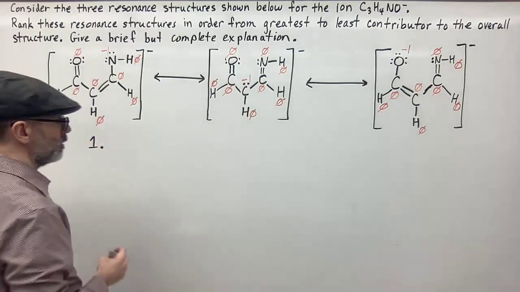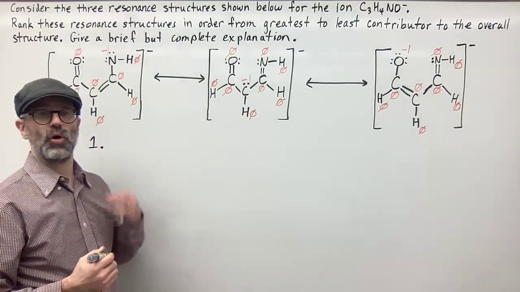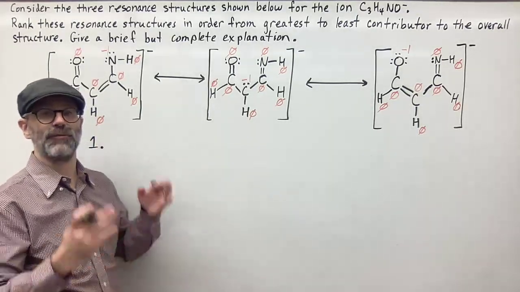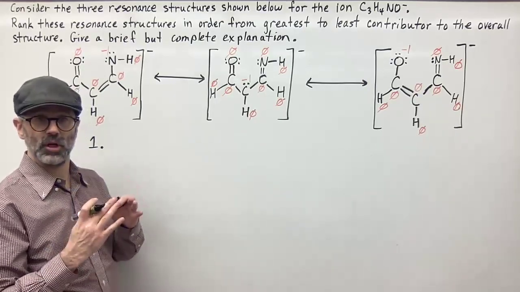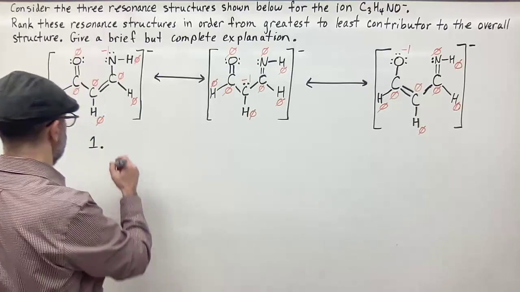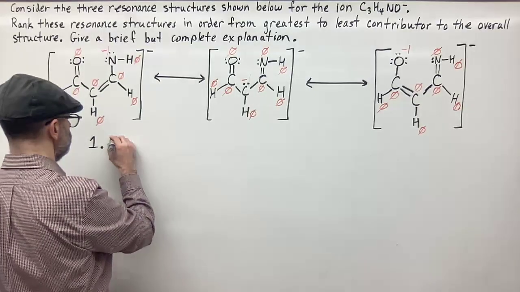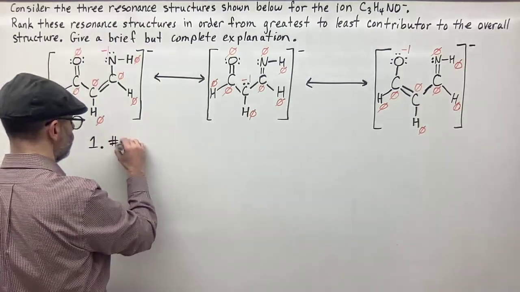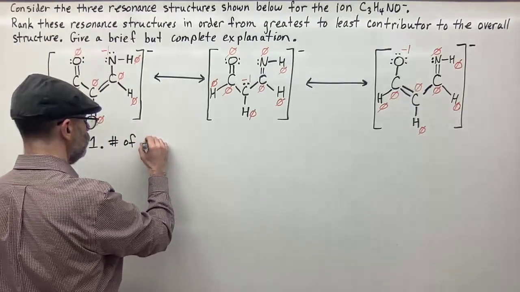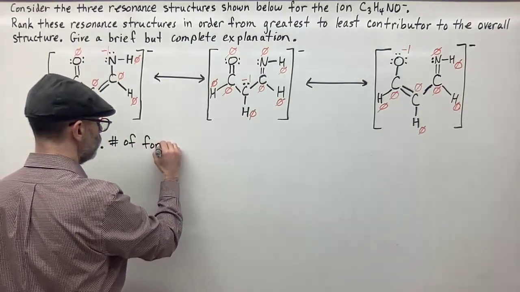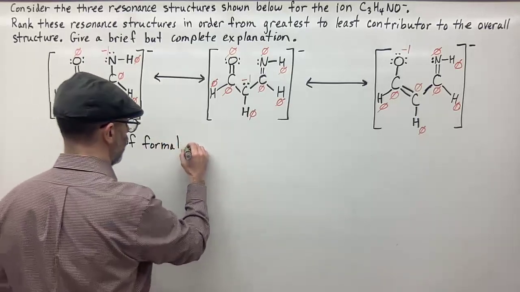Number 1, the Lewis dot structure, or the resonance structure that has the fewest number of formal charges. So we're going to look at the number of formal charges.